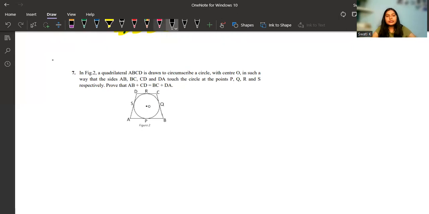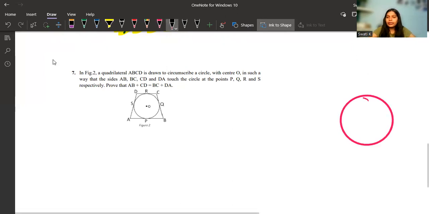Now, the very first thing that I want to tell you here is, whenever we are talking about a circle and we have a line which passes through the circle at one point, that line is called a tangent.